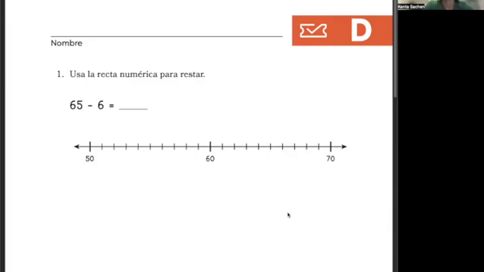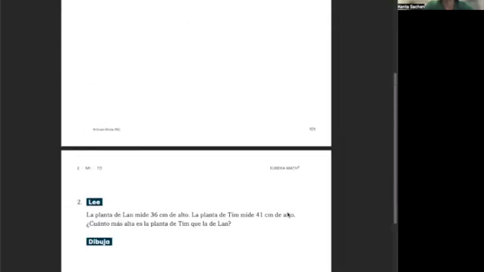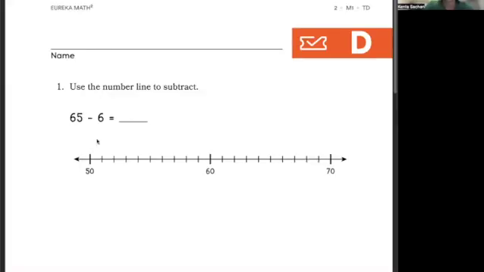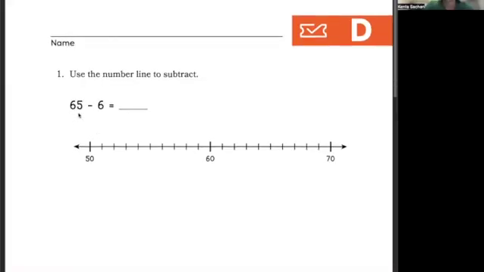Okay. Now, today you're going to have 2 pages for your exit ticket. All right. Well, this is the Spanish one. Let me get out the English one real quick. Okay. So the first one, right, you're going to do 65 minus 6. So remember, you're going to find 65 and go backwards 6 times. Right? 1, 2, 3, 4, 5. Right?